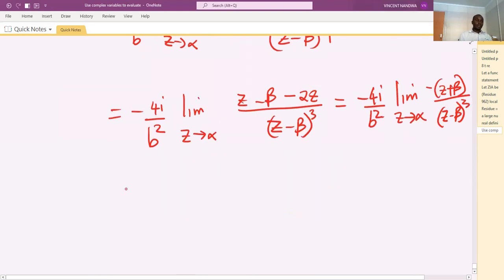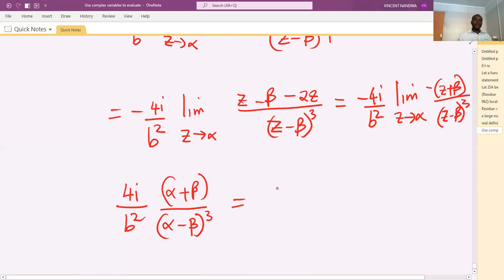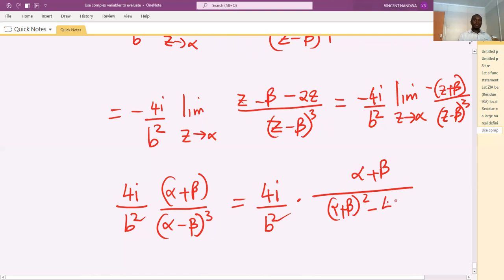Now you'll get 4i over b squared, alpha plus beta into alpha minus beta cubed, which is 4i over b squared times alpha plus beta into alpha plus beta squared minus 4 alpha beta raised to the power 3 over 2.